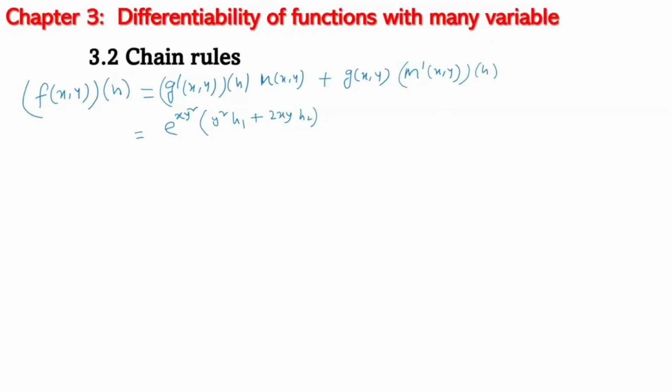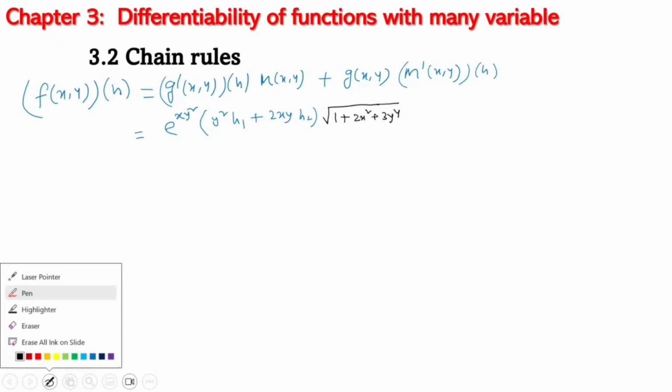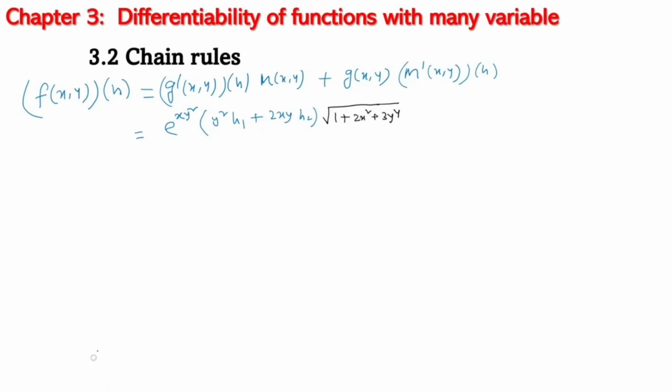So what is m? m is given as square root of 1 plus 2x square plus 3y to the power 4, and we have g here, given as e to the power xy square, and then the derivative m'(x,y)h.